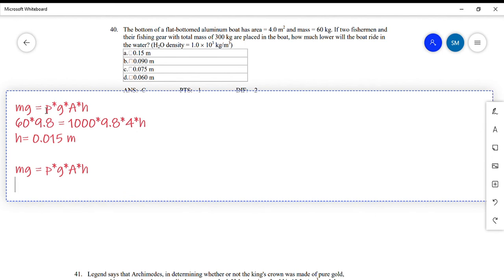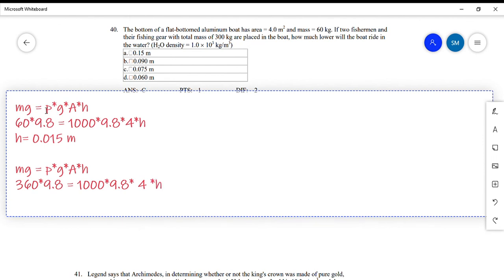So m in this case is 360 kilograms multiplied by 9.8, which will be equal to the density of the water, 1000, times 9.8 times the area of the base multiplied by h. So h in this case will be 0.09 meter. But wait, you will not choose the answer B.